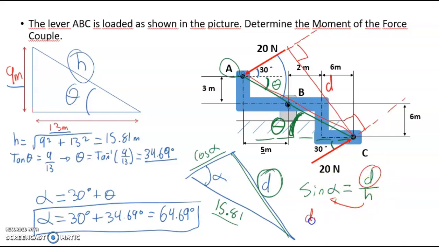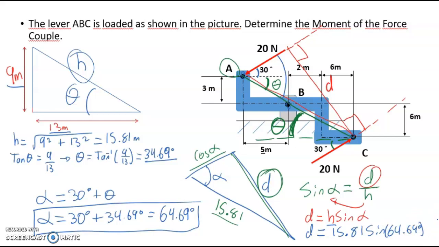That means d is going to be equal to h sine of alpha. That means d equals 15.81, which is h, times sine of 64.69 degrees.